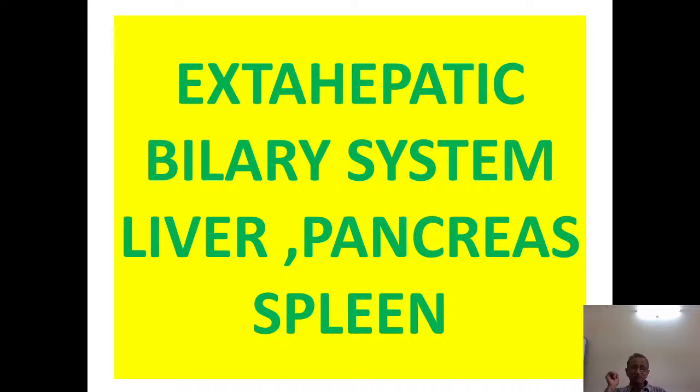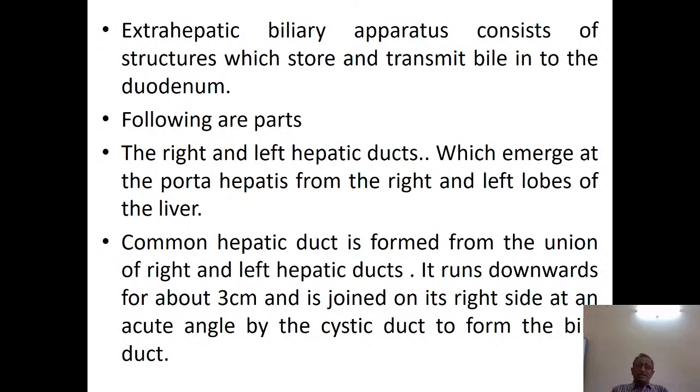Now coming to the extrahepatic biliary system, liver, pancreas and spleen. These are all the accessory organs of the digestive system which we are going to discuss today. The extrahepatic biliary apparatus or system consists of structures which store and transmit bile into the duodenum.